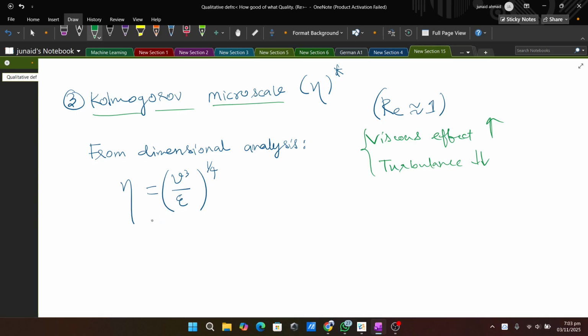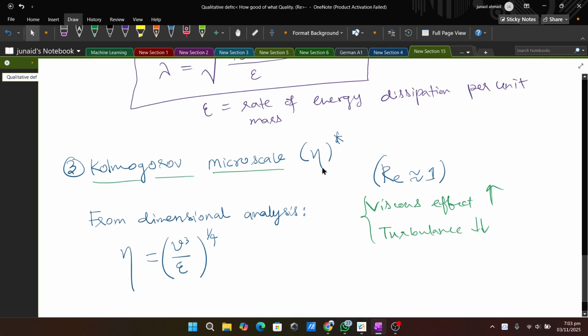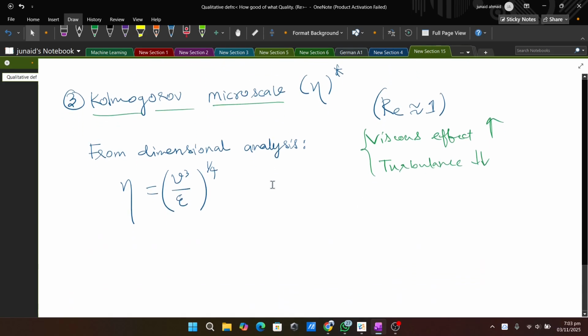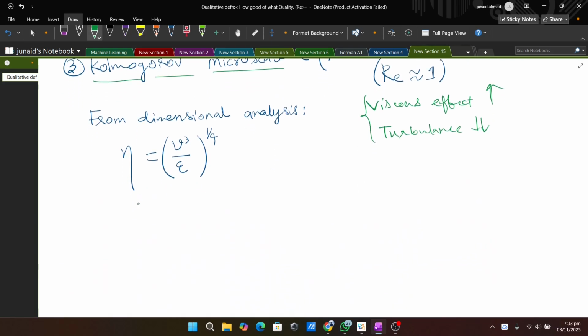and we have defined the Kolmogorov microscale. Simply, nu cubed over the energy dissipation rate, epsilon, to the power 1 over 4. This epsilon, I am saying again, is the energy dissipation per unit mass.